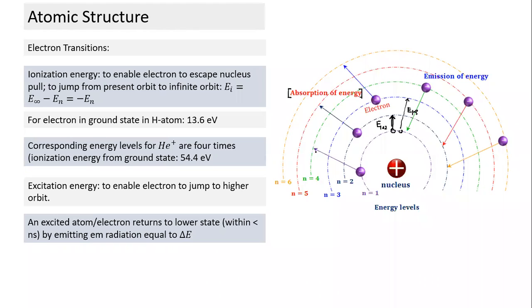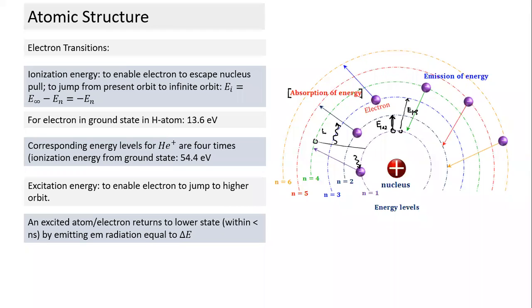As soon as it reaches a higher orbit, it comes back to its ground state, either in a single step or multiple steps. When it comes back, it loses energy. So first it has to receive energy to get excited, and after it gets excited, it comes back to the ground state in a single step or multiple steps by emitting energy.